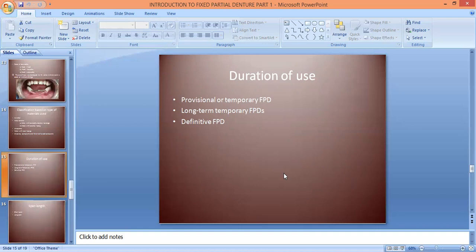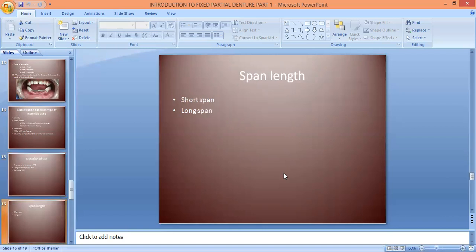We give that to improve the confidence in the patient as well as in the clinician. Long-term FPDs are given in situations wherein the definitive treatment plan is not finalized. And the definitive FPD is the final prosthesis that you cement in the patient's mouth.